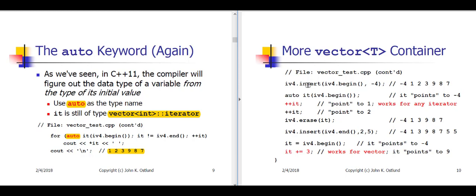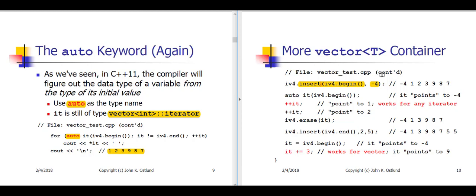The vector class offers an insert member function that takes an iterator to some place within the vector as its first argument, and a value that you want to have inserted ahead of where that iterator is pointing to. So IV4.begin is, quote, pointing to, unquote, the initial element of IV4.